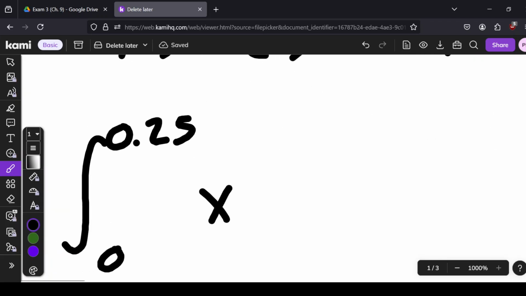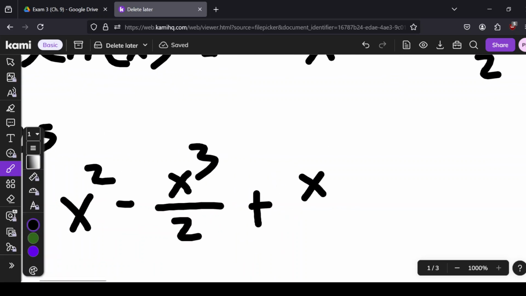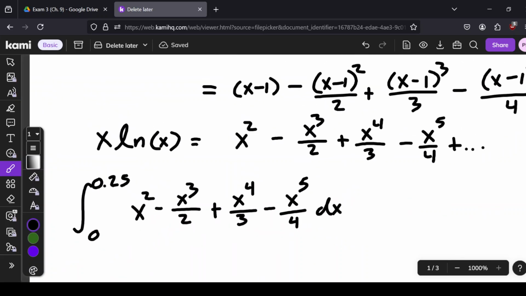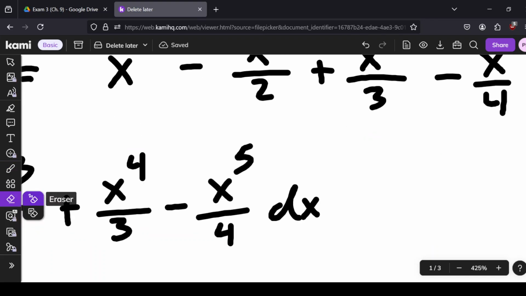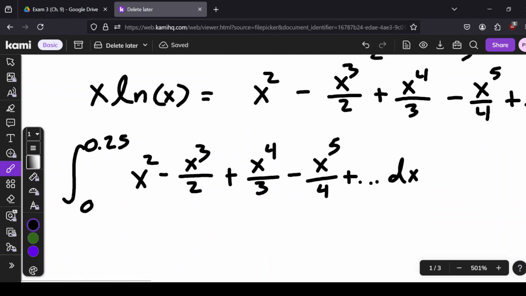Let's go x squared minus x cubed over 2 plus x to the 4th over 3 minus x to the 5th over 4 dx. Is that right? That looks good. Well, no, hold up.